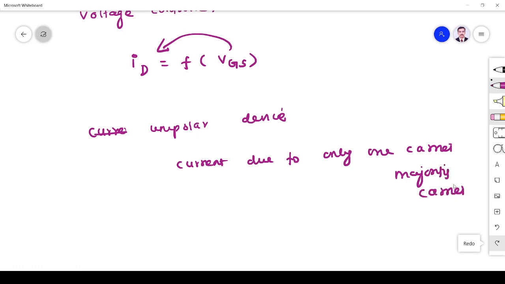Another very important point is that the input impedance of MOSFET is very high. Okay, so that is another point we should remember.